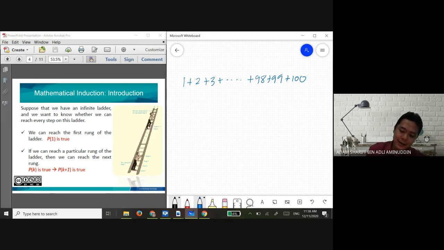The 12-year-old boy managed to answer this quite fast. Who knows the answer? I suppose some of you already learned the formula. That boy actually discovered this: if you add the first and the last, 1 plus 100, plus 2 plus 99, plus 3 plus 98.